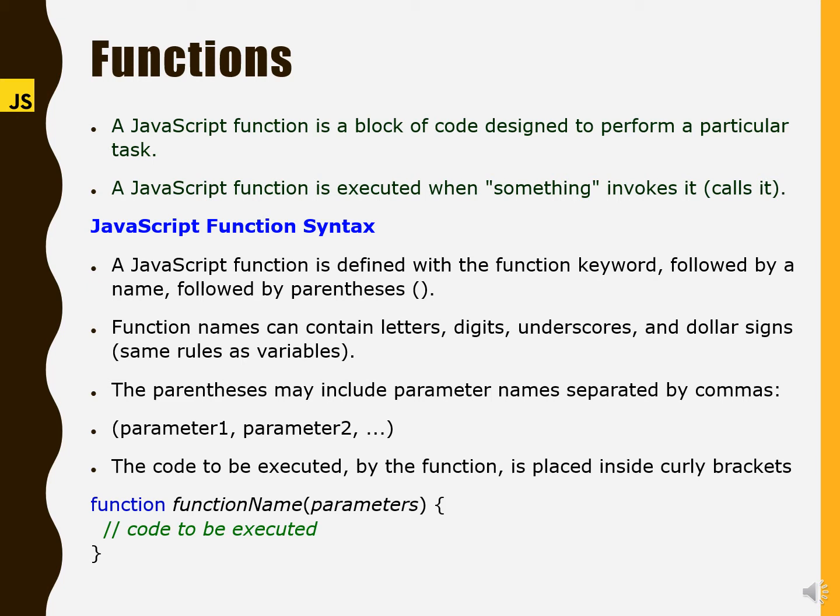Then parentheses are needed. Inside the parentheses, we have to specify the parameters. If more than one parameter is there, they should be separated by commas. Then comes the block of the function. We can specify all the statements that are to be executed.